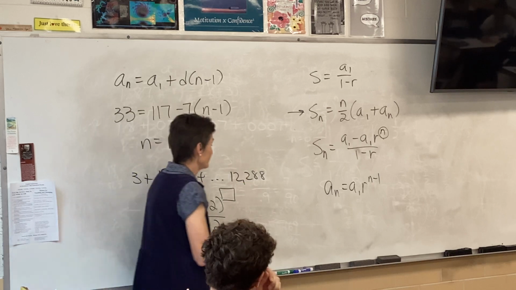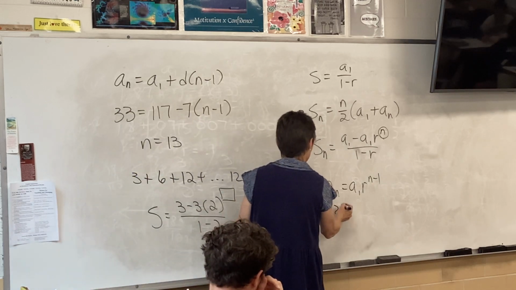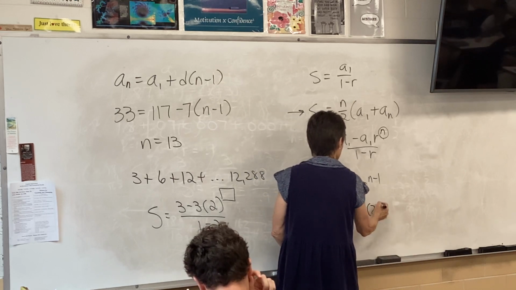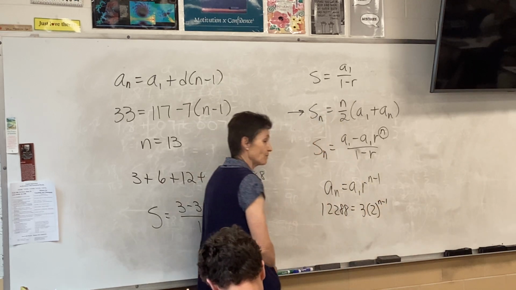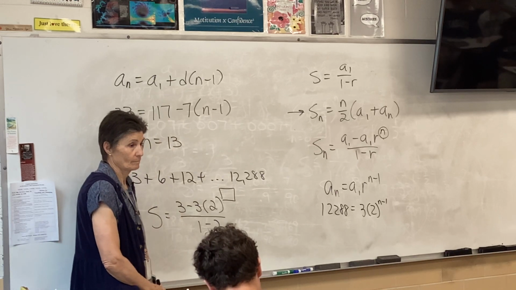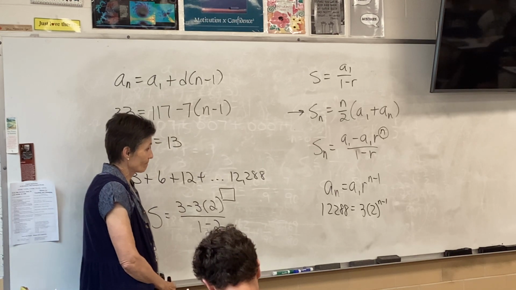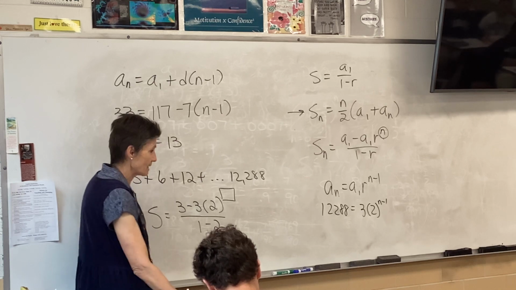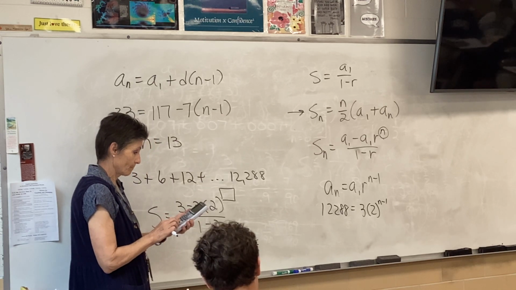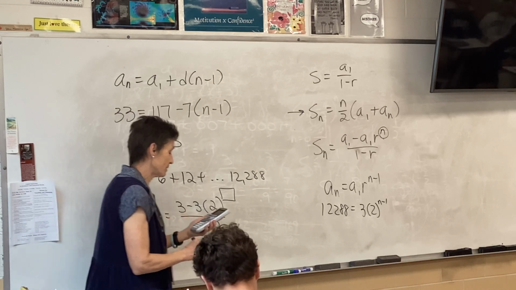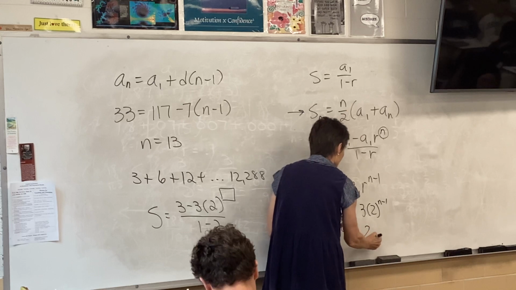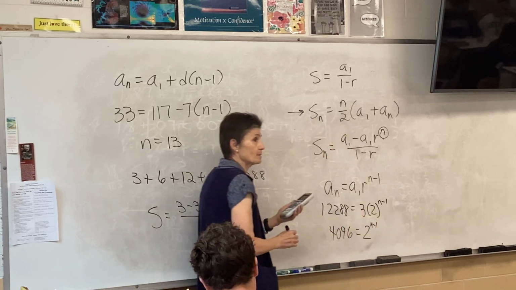This says that the last term equals the first term times the ratio to the n minus first. What's the first step in solving that equation? Divided by 3, very good. So 4096 equals 2 to the n minus first.